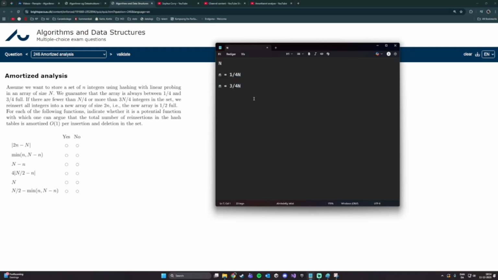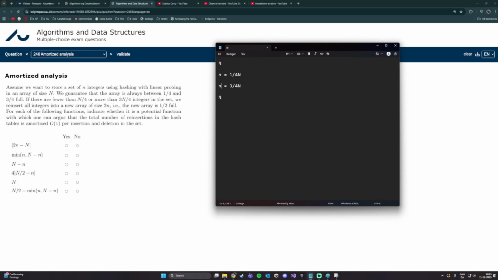So, okay, let's pick one, like, let's say we always have n saved up, okay? So now, when we reach this higher threshold, we reinsert all of them into size 2n, and we also do that when we have this small amount.